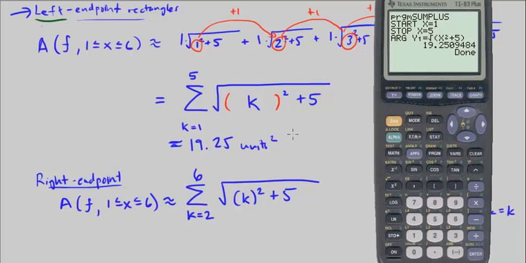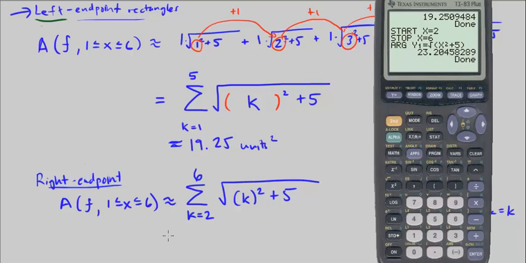Okay, and then let's also go ahead and run the program again. And now we're going to start 2 to find our right endpoint. 2 to 6. We have the same expression, the square root of x squared plus 5.